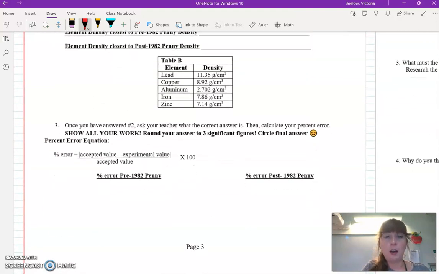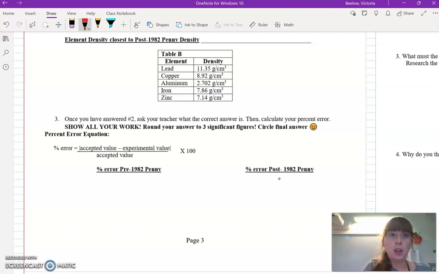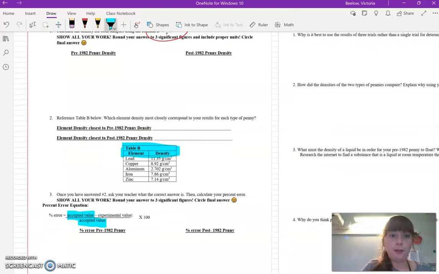Then you're going to calculate the percent error. So the accepted value, and I'll actually tell you what it's supposed to be, is coming from the chart up here, okay? And the experimental value is what you got from up here, okay?